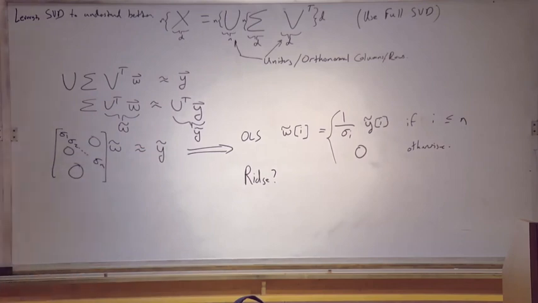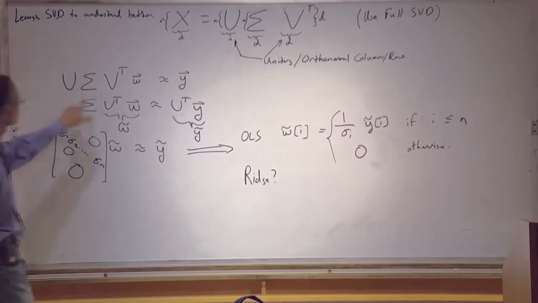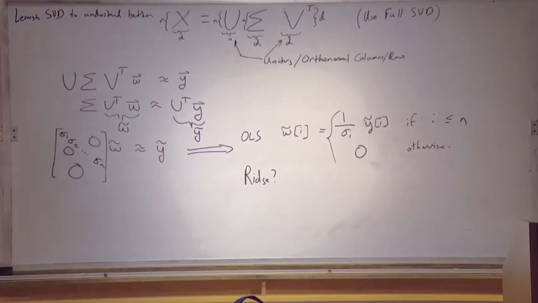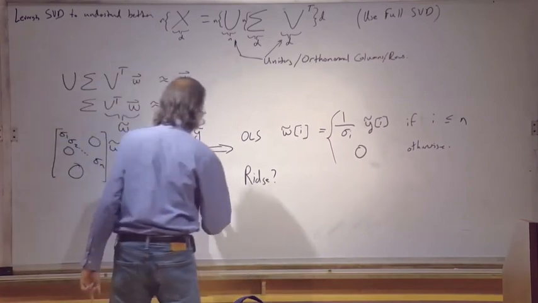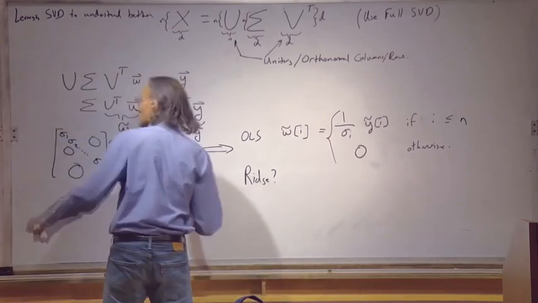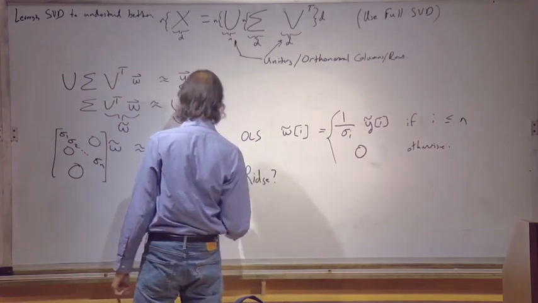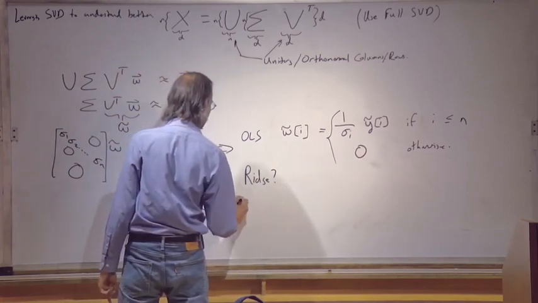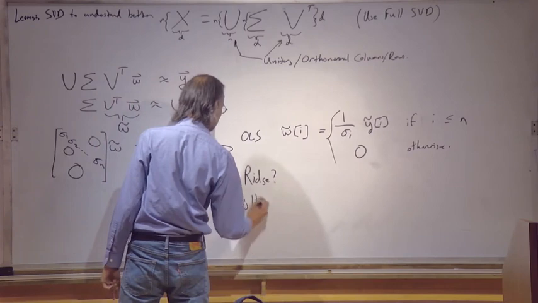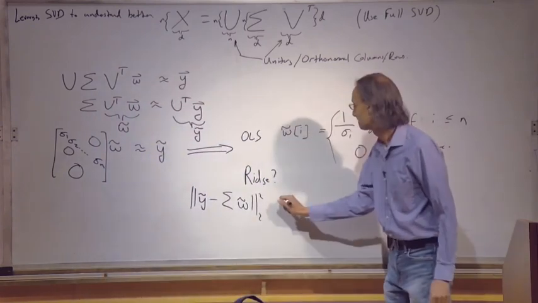For ridge, you have an optimization that looks like this, which means after you have made this change of coordinates, everything is replaced in the following way. For ridge, y becomes y tilde, x becomes sigma, and w becomes w tilde.